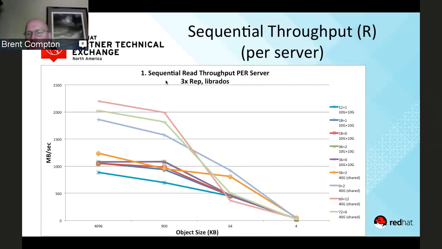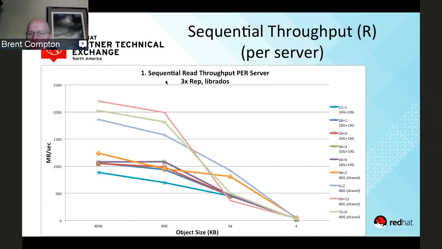Generally speaking, the first number is the quantity of hard drives, OSDs, per server chassis, or per server, I should say. So the top line is 12. That's 12 OSDs. Plus one is plus one dedicated flash write journal.